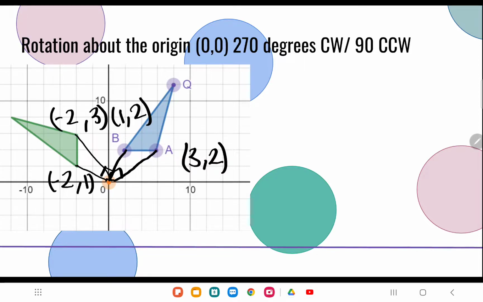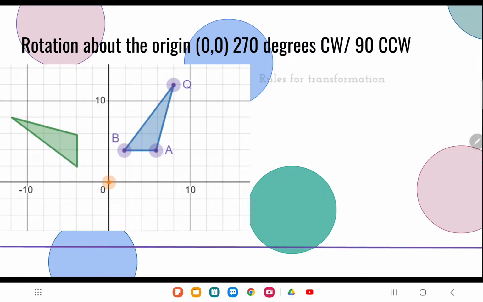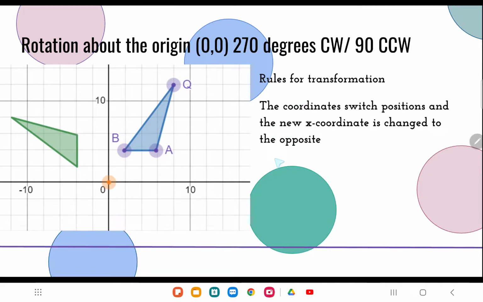So I'm flipping that order, and then my new x coordinate is changing to its opposite. Let's see what this looks like when notated symbolically. My rules for transformation: the coordinates switch position, and the new x coordinate is changed to the opposite, so (x, y) becomes (-y, x).